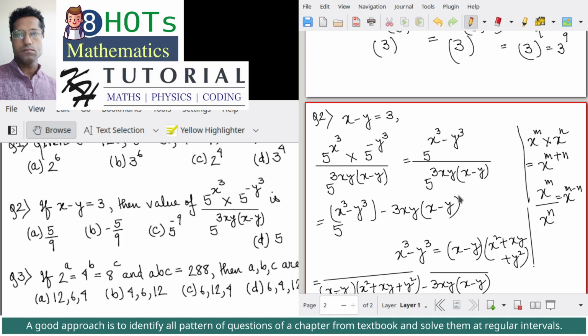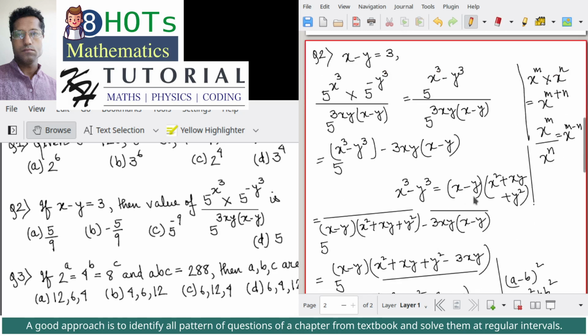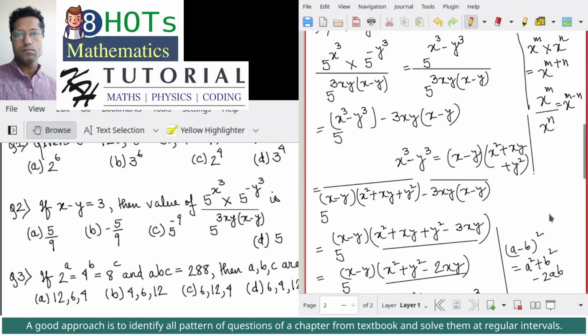And we have in the denominator 5 to the power 3xy multiplied by x minus y. Now in the second step, we have 5 to the power x cube minus y cube minus 3xy times x minus y, and x cube minus y cube, as per the algebraic identity, is equal to x minus y multiplied by x square plus xy plus y square.